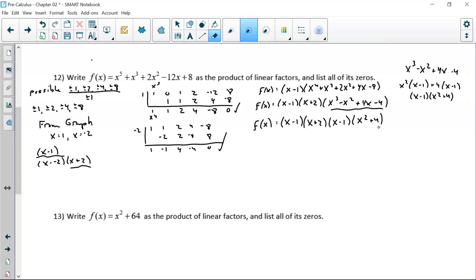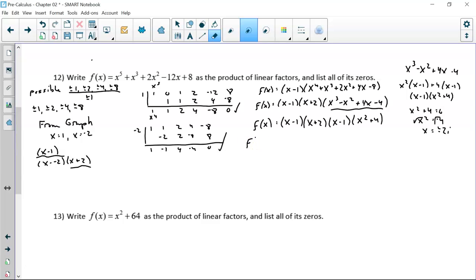Now it said find the zeros and the linear factors. That's a quadratic factor, not a linear factor. So what I can do is solve x squared plus 4, set it equal to 0. X squared equals negative 4, so x equals, when we take the square root of both sides, plus or minus 2i.